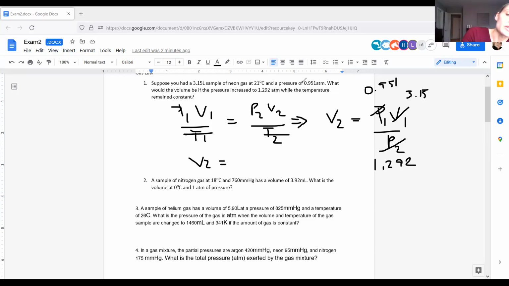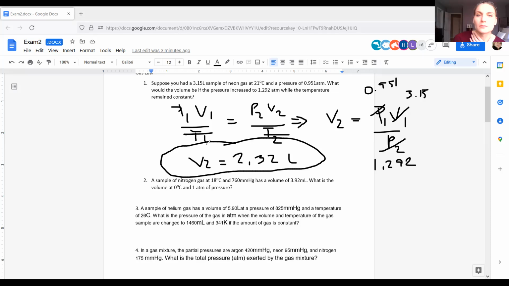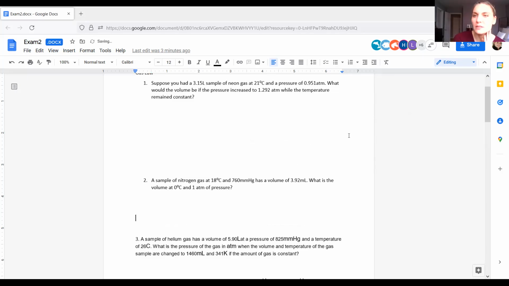Good, 2.32, perfect. And this should make sense because as your pressure went up, your volume went down. Boyle's law, they're inversely proportional. So we want to make sure that that makes sense. So this should be the answer total. Does that make sense? Yep, good. All right, perfect. Okie dokie, let's move on to the next one.